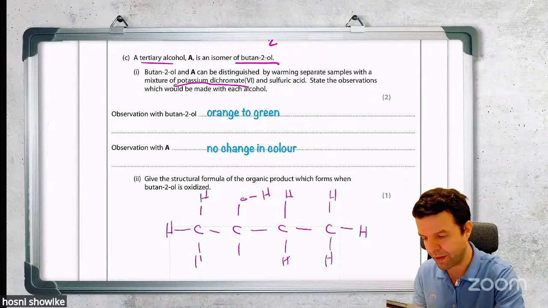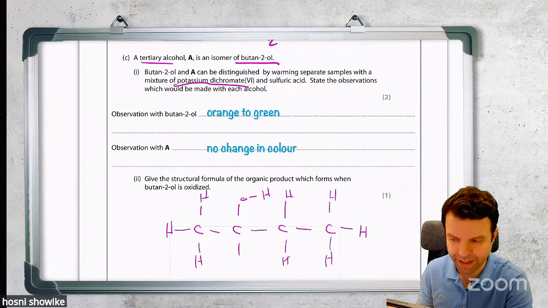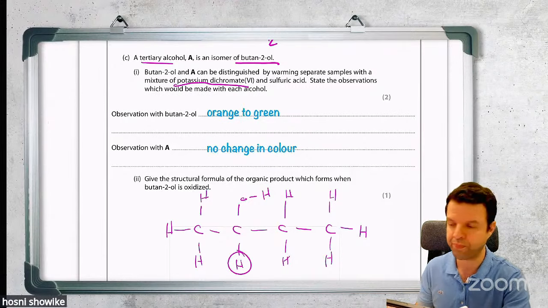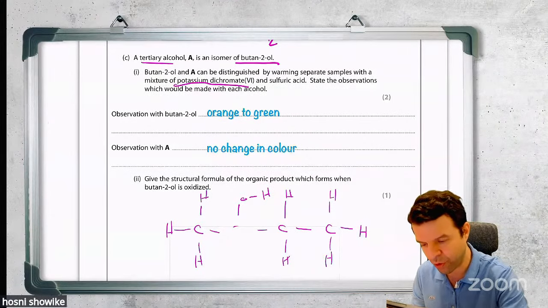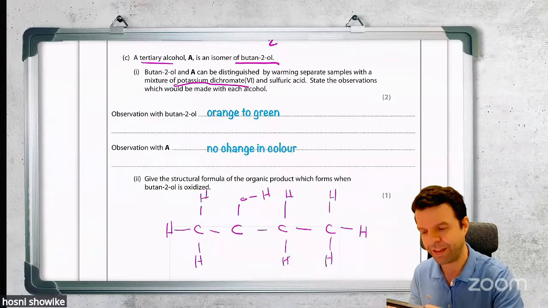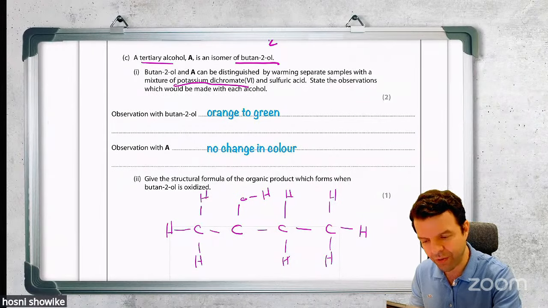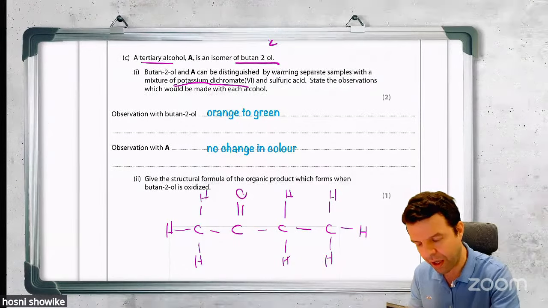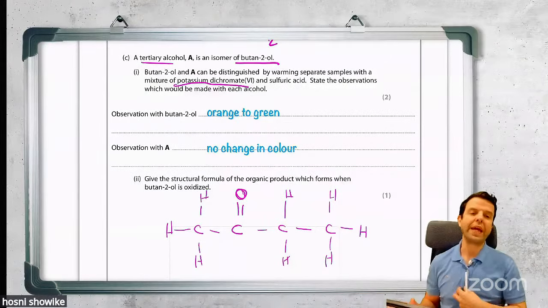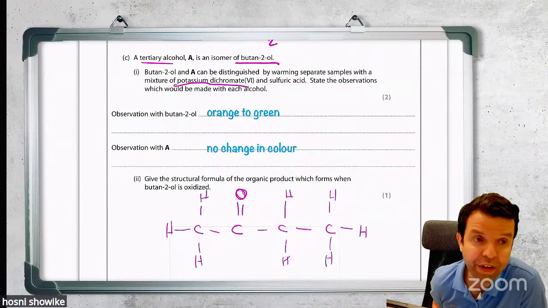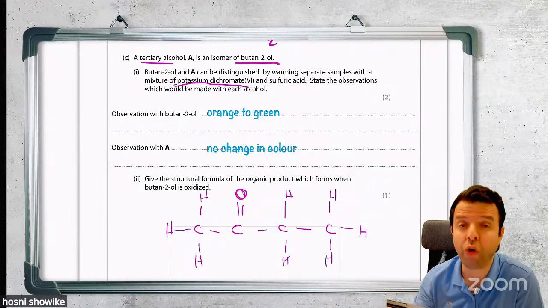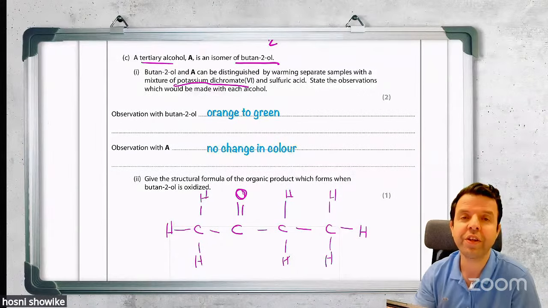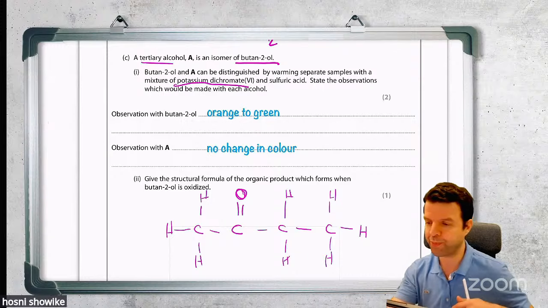Oxidation is when oxygen is added and hydrogen is removed. So do you see that hydrogen here at the bottom? Get rid of it. That's oxidation. And instead of this, I'm going to add an oxygen here. So we get a ketone. Remember, primary alcohols give you aldehydes or carboxylic acids. Secondary, they only give you one product. They only give you ketones.